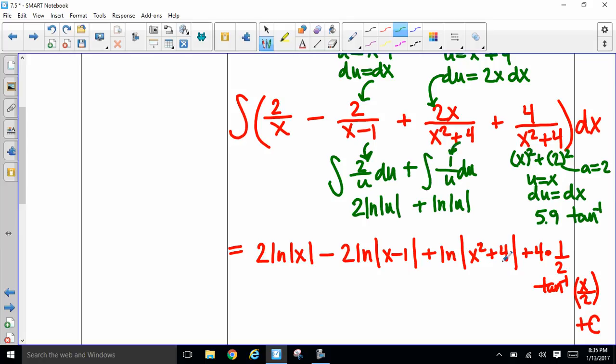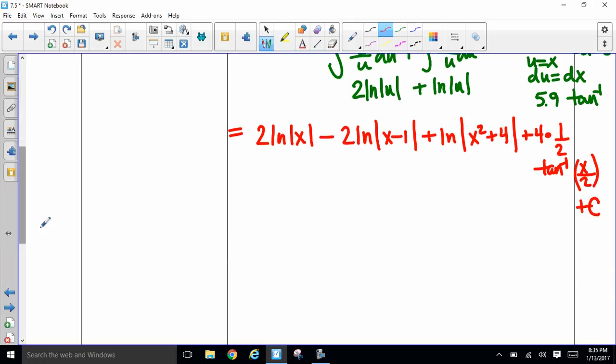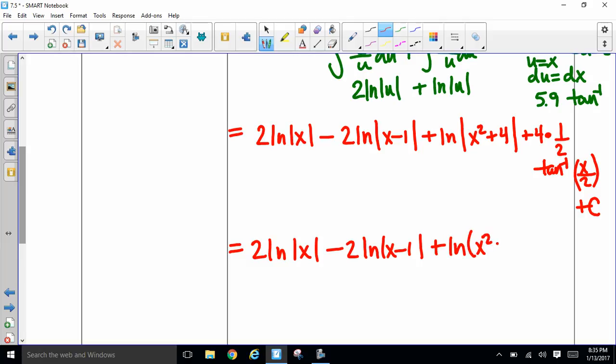To clean up for your final answer, we're not going to leave 4 times a half, and we also don't need these absolute values on the x squared plus 4, so they're probably going to get rid of them. So 2 natural log of absolute value of x minus 2 natural log absolute value x minus 1 plus natural log parentheses x squared plus 4 plus 2 tangent inverse or arctan x over 2 plus c.